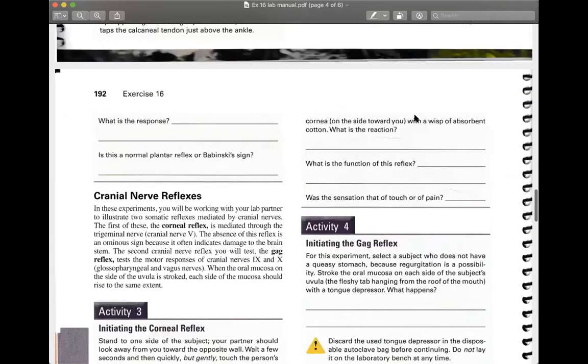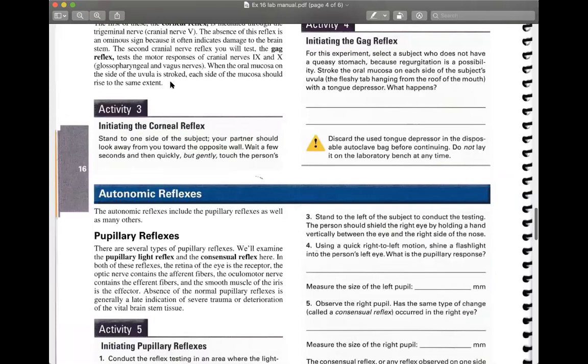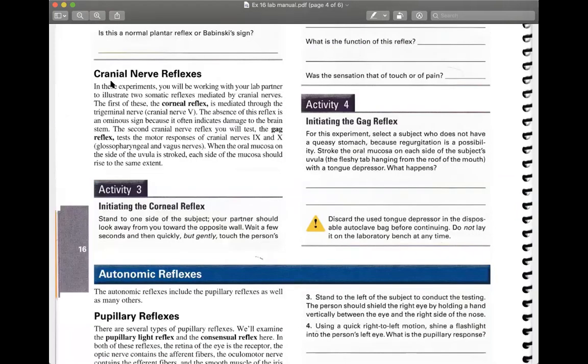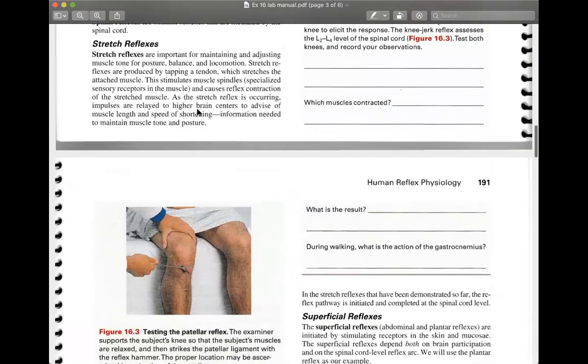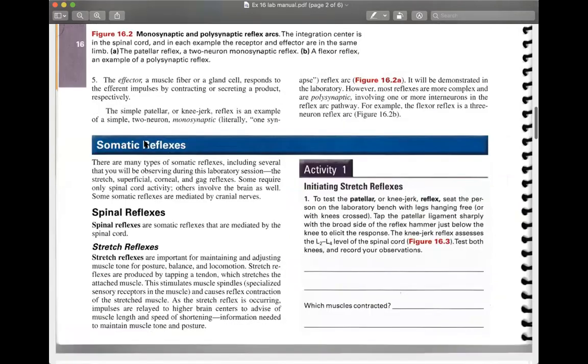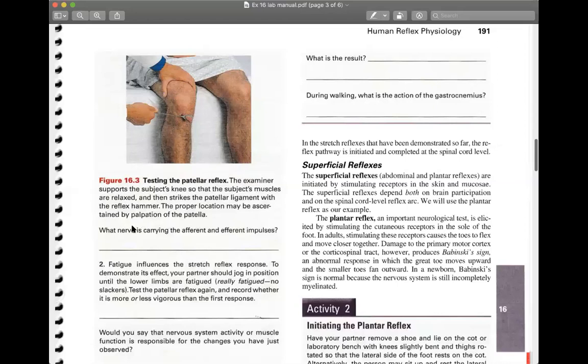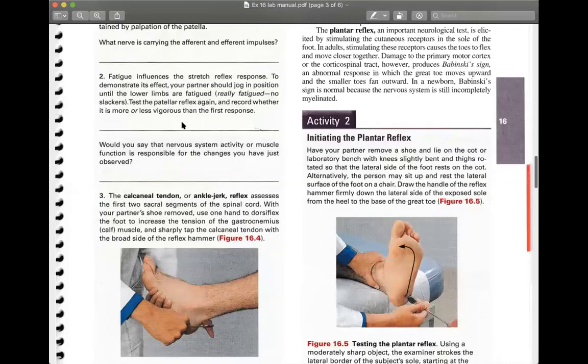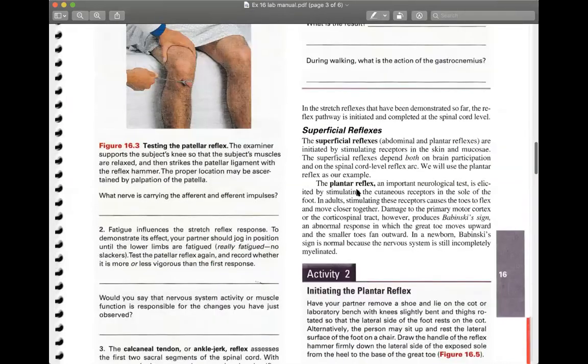Okay, so another somatic reflex is cranial nerve reflexes. Now these all fall under somatic reflex. Everything we've talked about has been a spinal nerve reflex. The spinal ones are the calcaneal, the patellar stretch, and the plantar reflex.